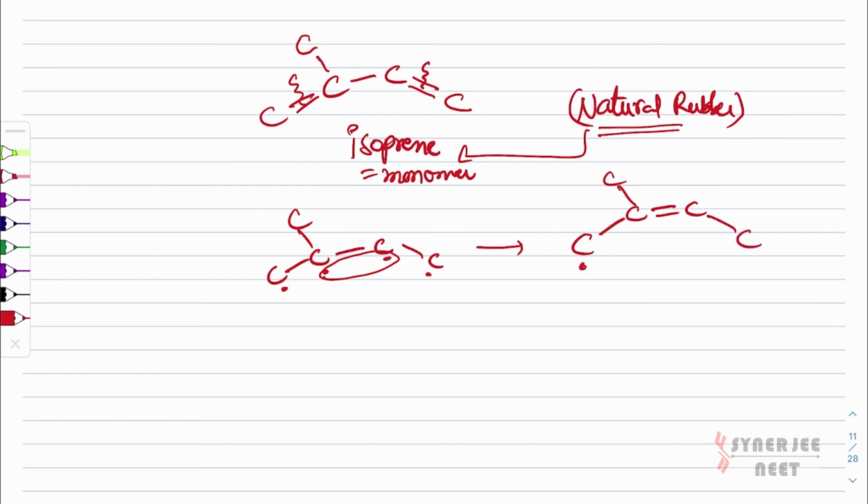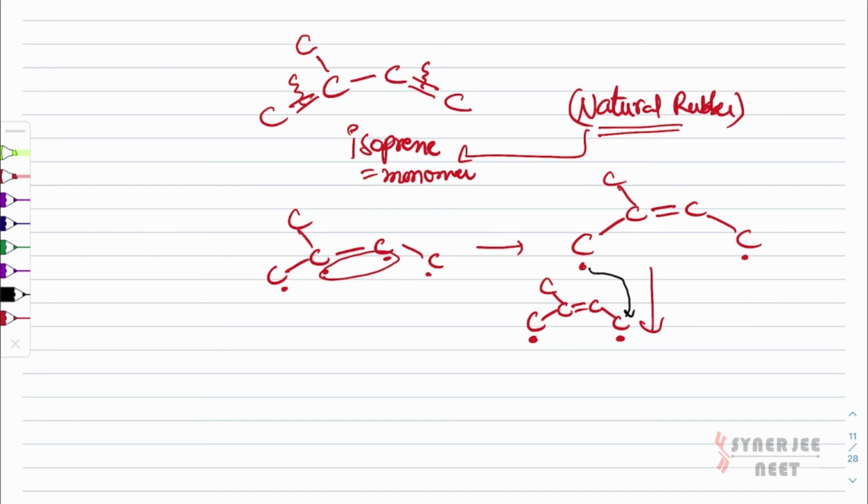And the other free radical carbons, they will go and attach to other such molecules. Other molecule will be there in a similar form. If I draw a similar molecule, I am getting like this. So there is a dot here and dot here. Now you can join these two carbons forming a sigma bond by joining these two free radicals.